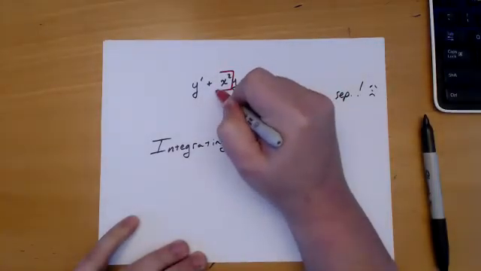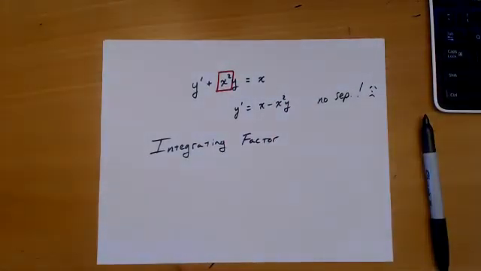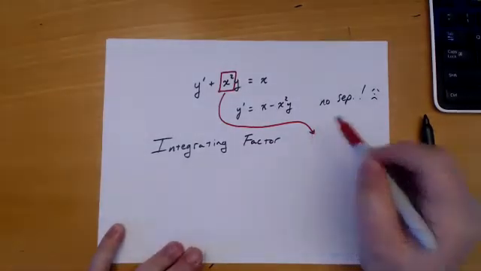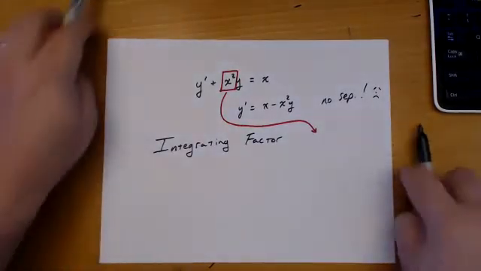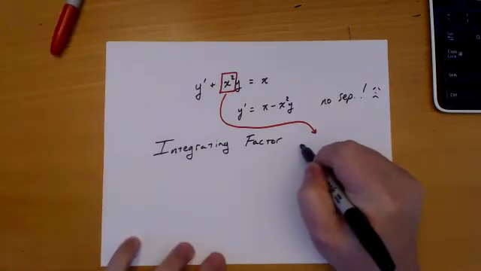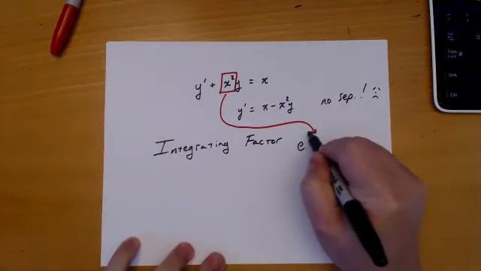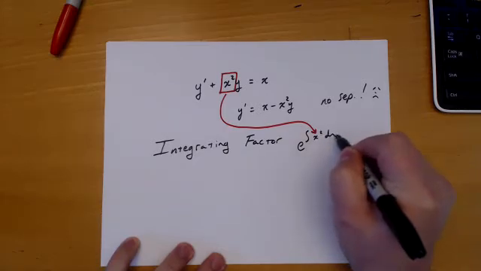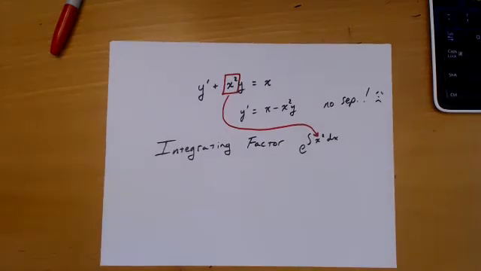This is why it has to be in this form. Because whatever is inside that red box is going to be this. Yes, we are putting an integral in an exponent.